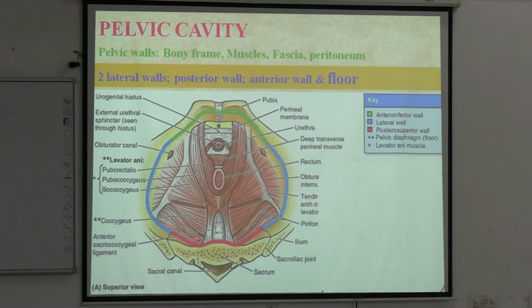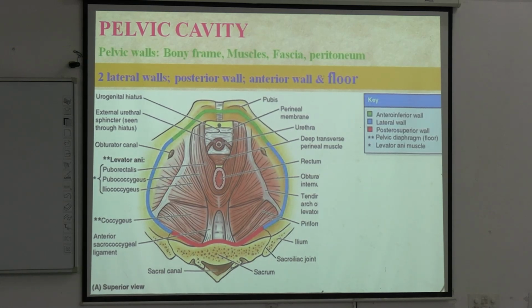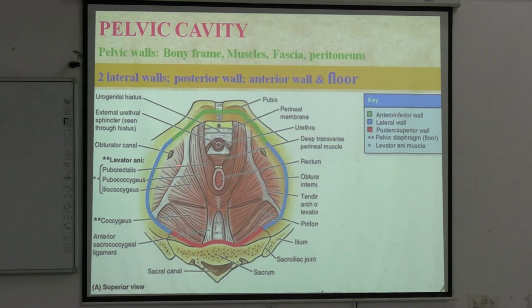On the posterior side, we have the sacrum, and at the back, the coccyx as well. The lateral side is formed by the hip bone and the muscles over there. Then the lower limit of these walls, we call the floor, which matters to us. The floor we call the pelvic diaphragm, which we are going to learn about in detail.